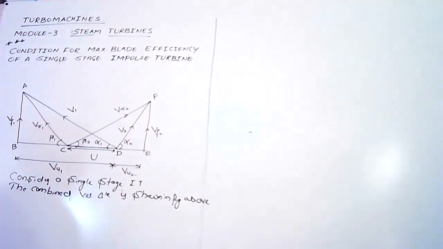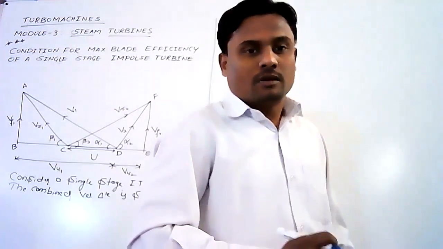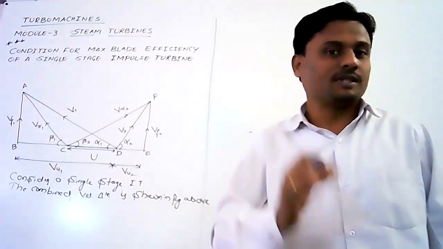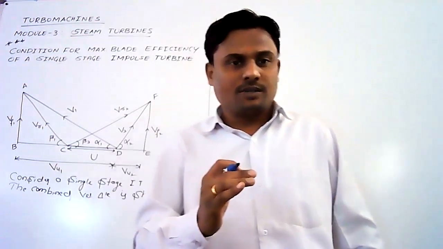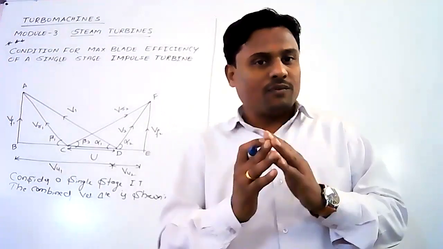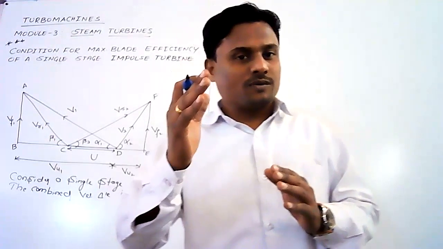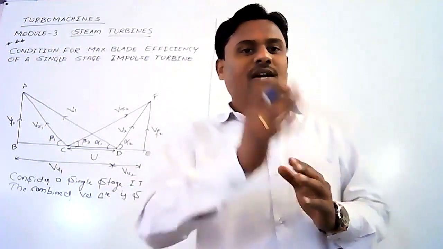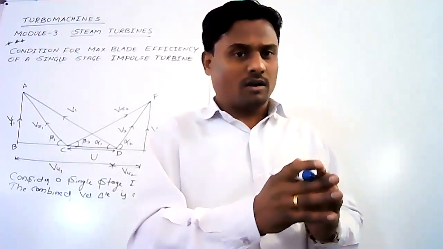Okay. Now here, our main aim is to derive or develop the condition for maximum blade efficiency of a single stage impulse turbine. Now here, the blade efficiency is defined as a ratio of work done per kg of steam by the runner divided by the kinetic energy supplied, or the specific kinetic energy supplied to the runner.